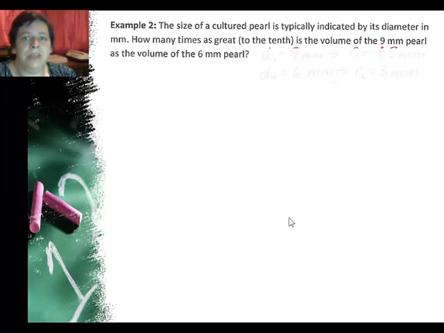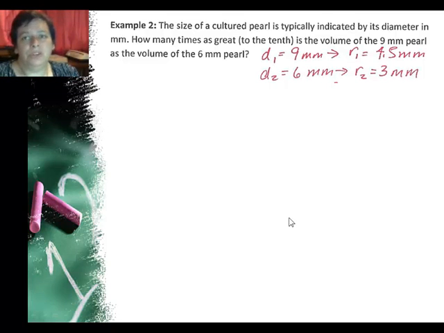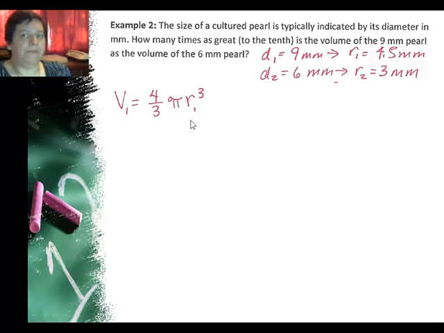So for both of these, I have two spheres that I'm looking at the volume. So I write down the diameters for both, which gives me the radii for both. The radius for the large one is 4.5 millimeters, and the radius for the small one is 3 millimeters. I'll find the volume first of the large one. Notice how I wrote down from the math chart the formula, and I put a little 1 because I'm dealing with two different volumes.